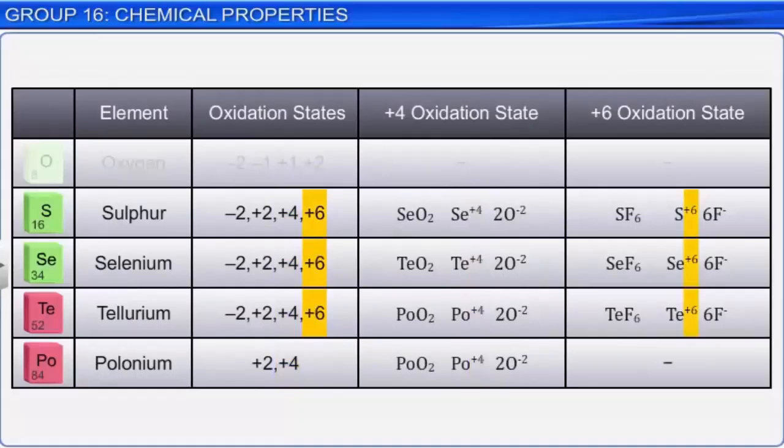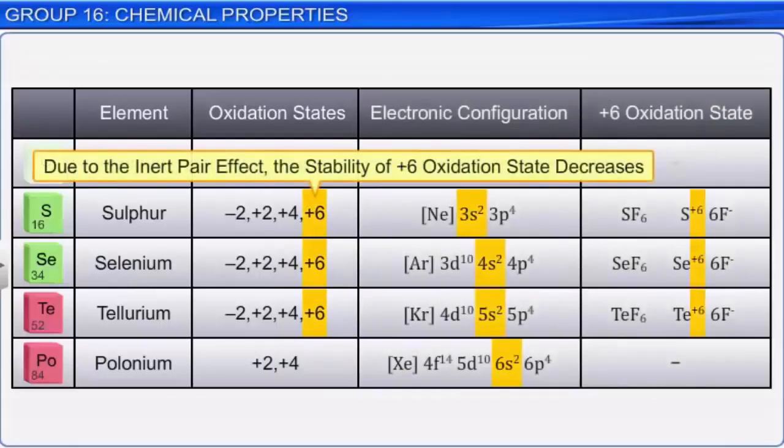Due to the inert pair effect, the stability of +6 oxidation state decreases, while the stability of +4 oxidation state increases down the group.